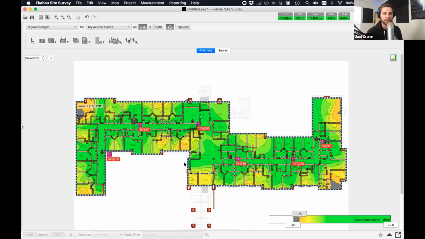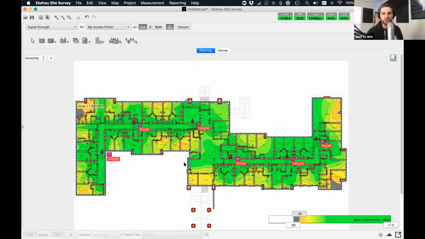But as we look a little closer, let's think about what is good signal strength, and what kind of signal strength we actually need to have quote unquote good Wi-Fi. If we're intentionally designing a network, we need to think about how much signal strength we want to provide.